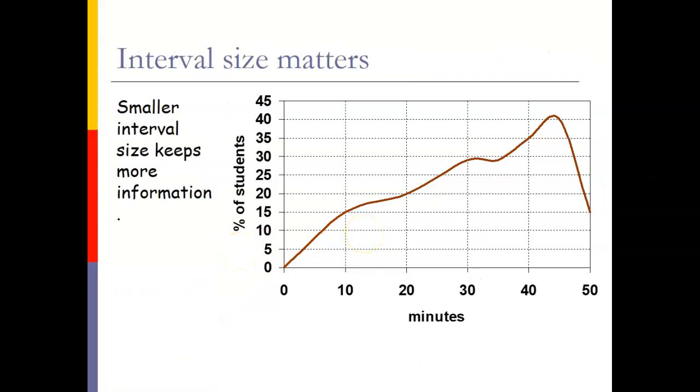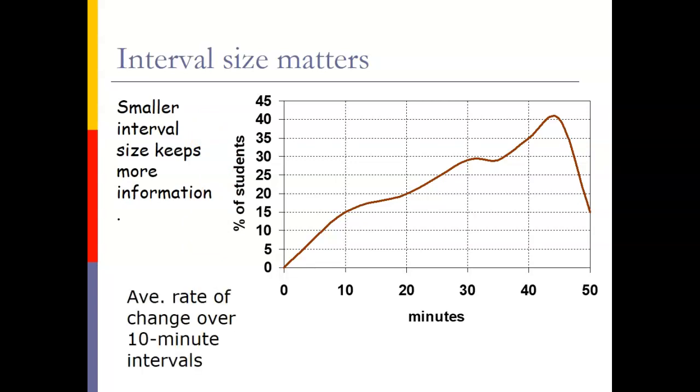Now, one way that the dean is going to argue this so that the professor can't get around it is we want to use smaller interval sizes, because smaller interval sizes keep the information around. So if we were to do the average rate of change over 10-minute periods, there's the first 10-minute period, and then the next 10 minutes. Oh, that's still a positive slope.